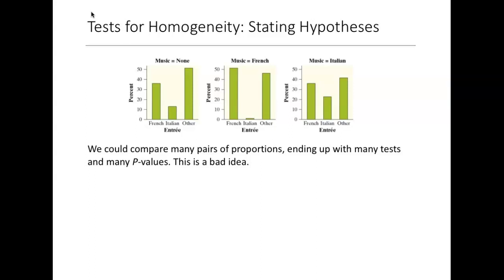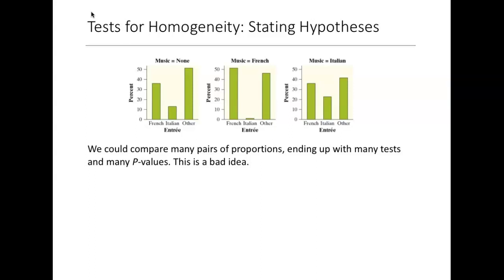All right, so the issue that comes up: we could actually use a goodness of fit test, but we would have to do multiple goodness of fit tests because we have three treatments, and we would end up with many tests and many p-values. This is a bad idea because anytime you run a test, there's a possibility that you've committed a type 1 error.